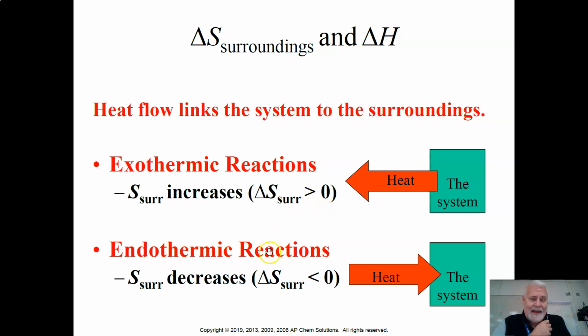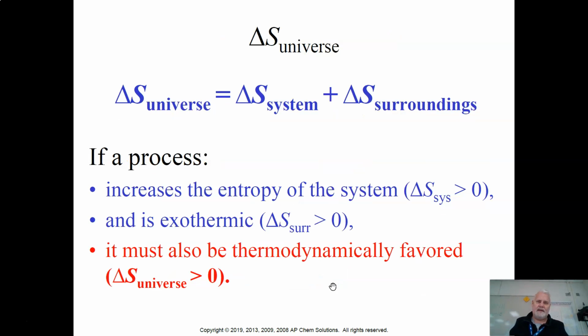All right? In an endothermic process, the heat is going into the system, and the delta S of the surroundings decreases, meaning that the delta S is less than 0. Okay? So those are just some things to kind of hammer home. So this is a good summary page for all those sort of abstract concepts.